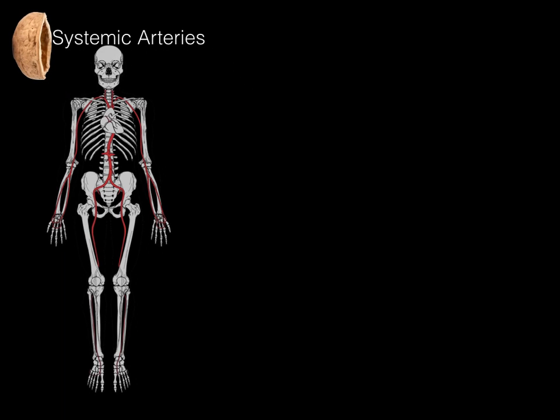So, let's now talk about systemic arteries in a nutshell. Well, the ascending aorta gives rise to the coronary arteries that supply the heart. The aortic arch has 3 branches that supply the head, neck, and upper limbs.